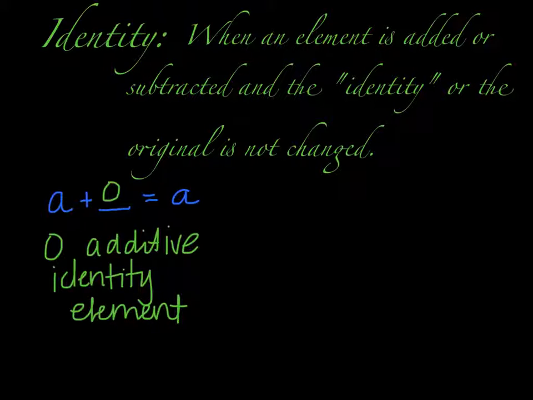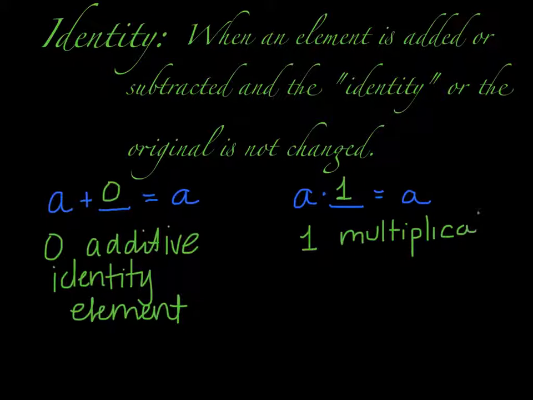What about multiplication? A times what will still give me A. A times 1 will give me A. So 1 is the multiplicative identity element.